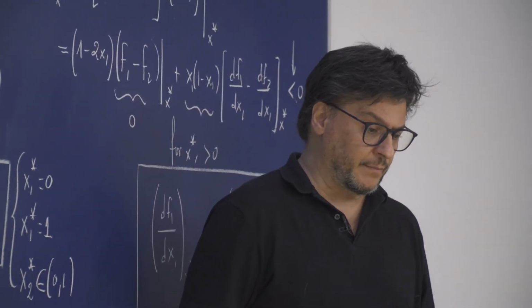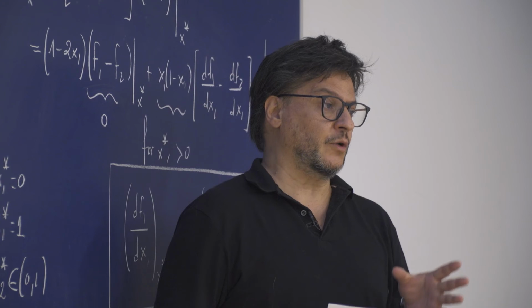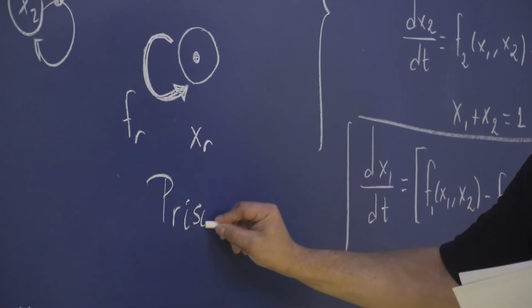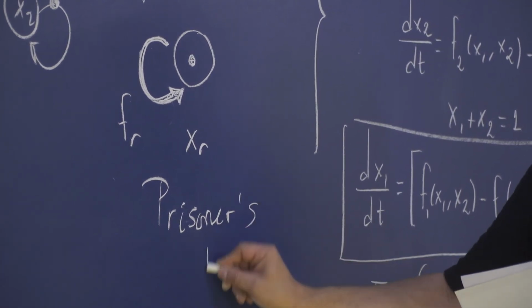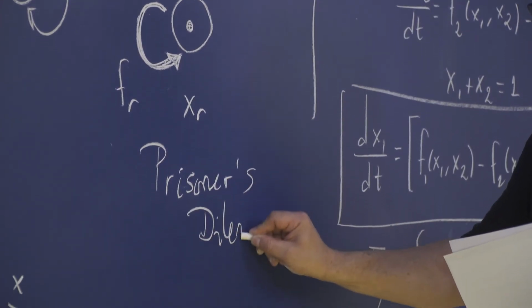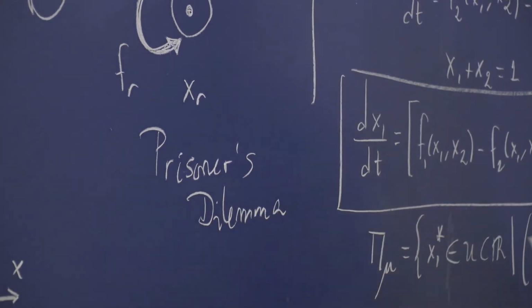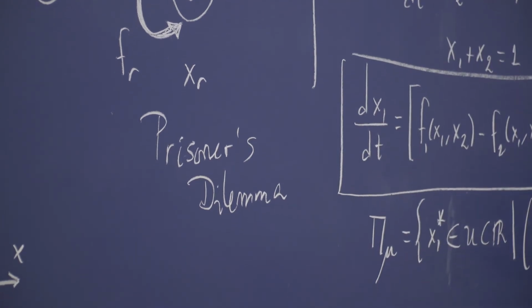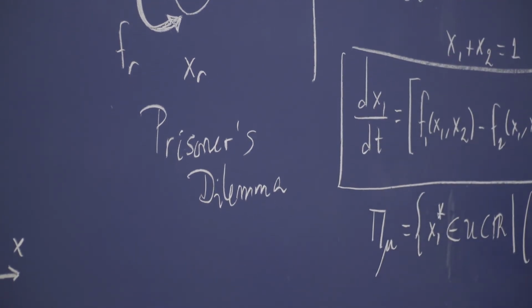The example I'm going to mention now is the so-called prisoner's dilemma. The prisoner's dilemma is a classic in game theory. I know it doesn't sound like evolution or biology, but it's deeper than that, actually.